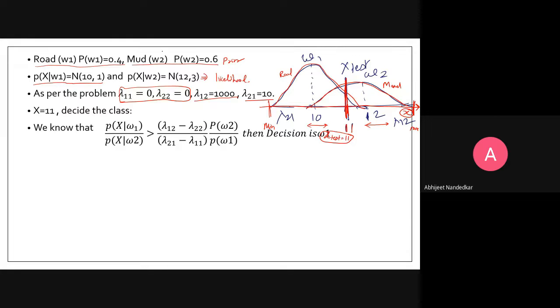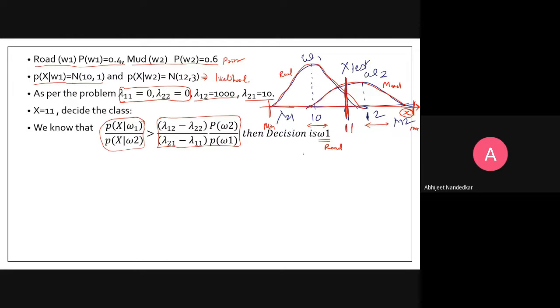From our previous discussion, we will go with omega 1 as the decision when the ratio of probability of x given omega 1 to probability of x given omega 2 is greater than this threshold. If this ratio is greater than this threshold, then I will decide that this is omega 1. In this case, omega 1 is road.